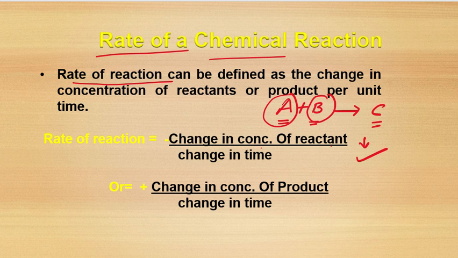Rate of a chemical reaction can also be determined from C, where the product will have an increase in concentration. So that is the change in concentration of the product with respect to time. Either increasing concentration of product or decreasing concentration of reactant, either way you can determine the rate of a chemical reaction.